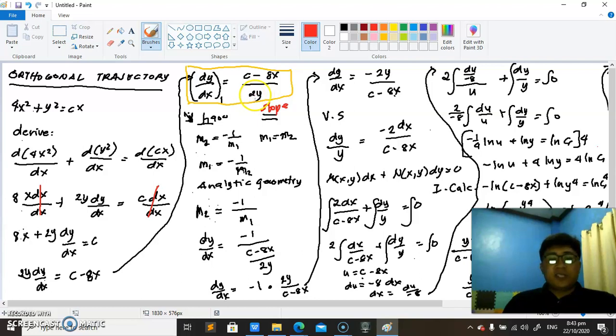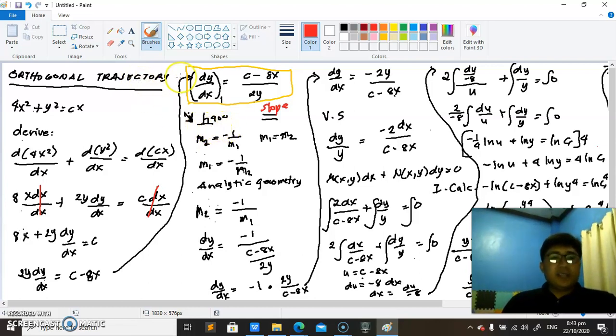In this case, it is an ellipse. Remember, if that is an isogonal trajectory, then the equation that you will be using is tangent theta equals (M2 minus M1) over (1 plus M2 times M1).